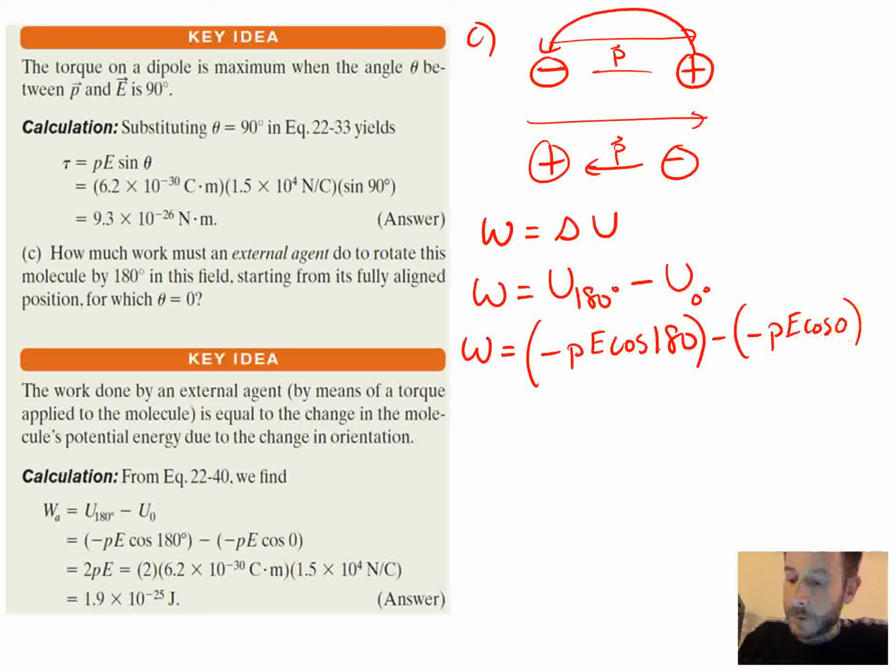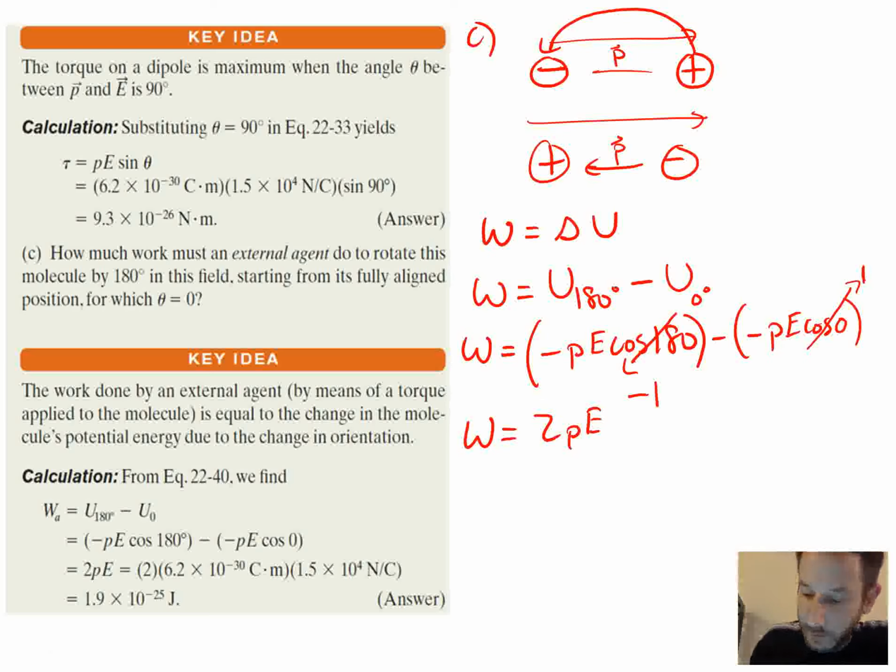Okay, so cosine of 0 is just going to be 1, so that's not going to change anything. Cosine of 180 is going to be negative 1, so that's going to change the sign of our first part. So you have PE here, and you're going to have a PE here, because negative and negative. So our work is just equal to 2 times the dipole moment times the electric field.